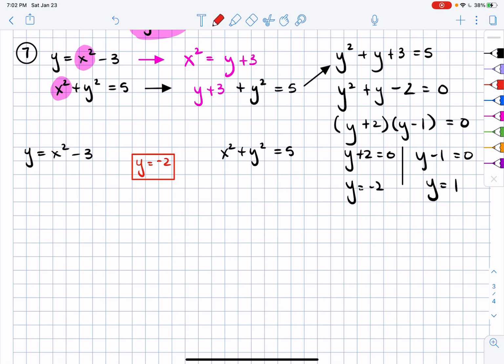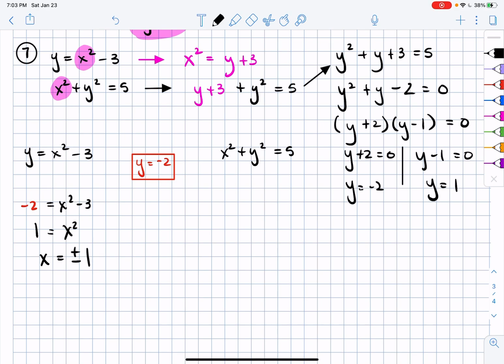So now I have over here negative 2 is equal to x squared minus 3. So that means I got to add 3 over, right? So I'm going to have x squared equals 1. If I take the square root of both sides, x is going to equal plus and minus 1.